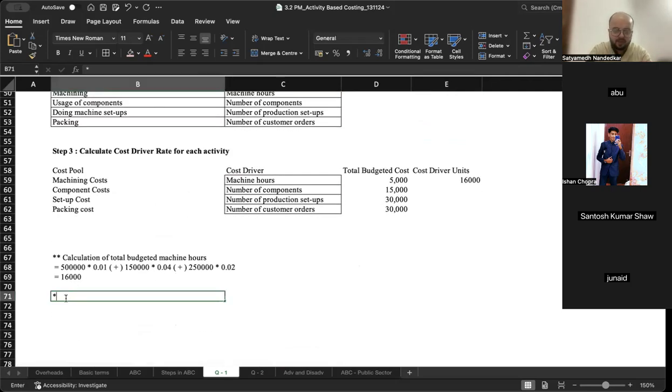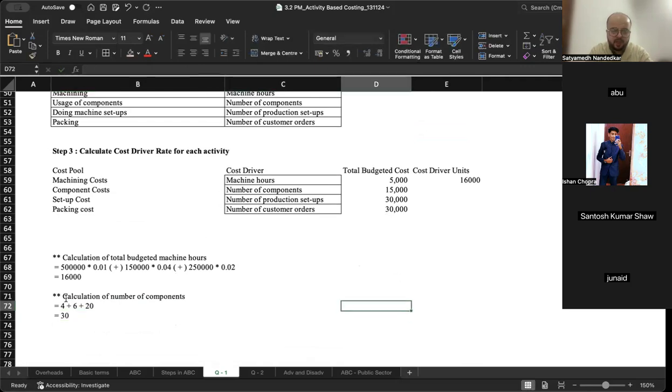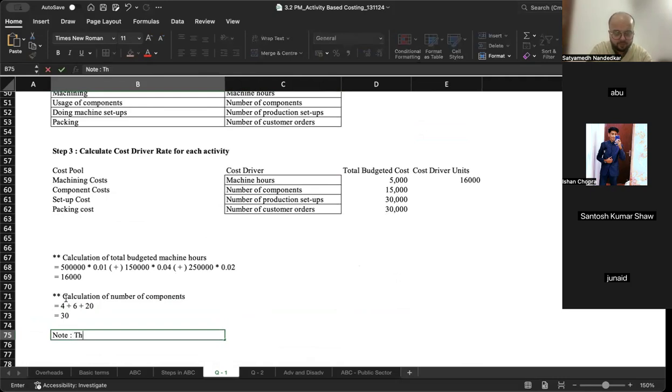So next thing is calculation of number of components. 4 plus 6 plus 20. That is 30. I'm just going to write a small note here. The question says number of components.